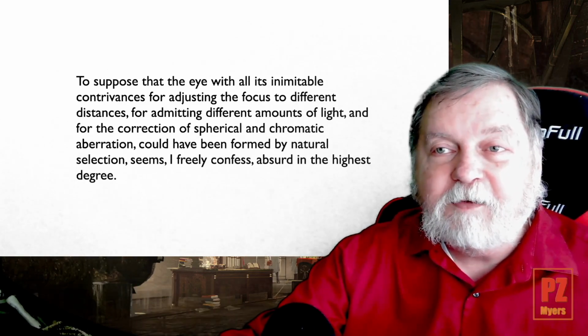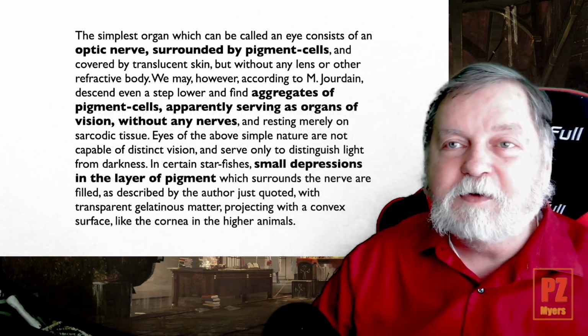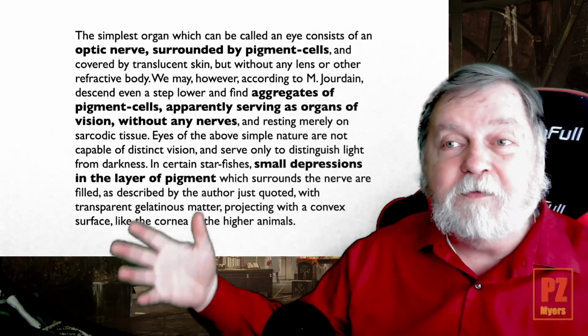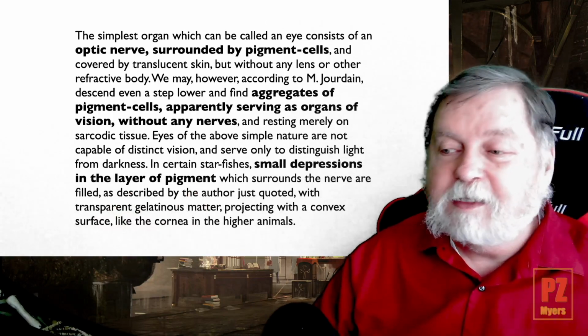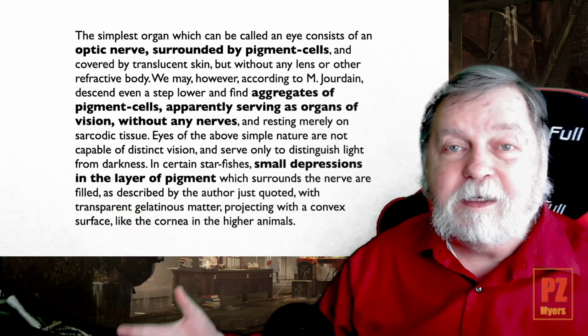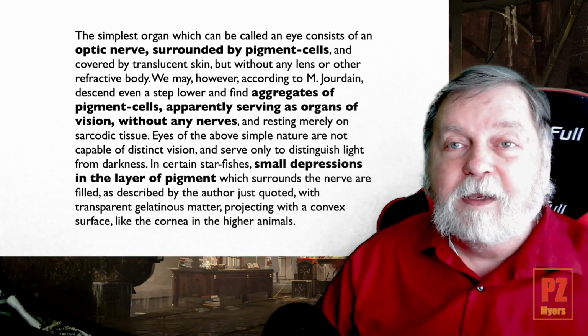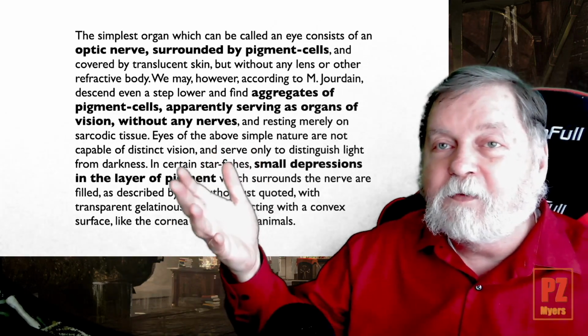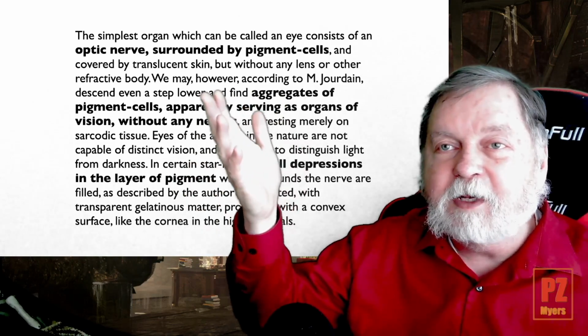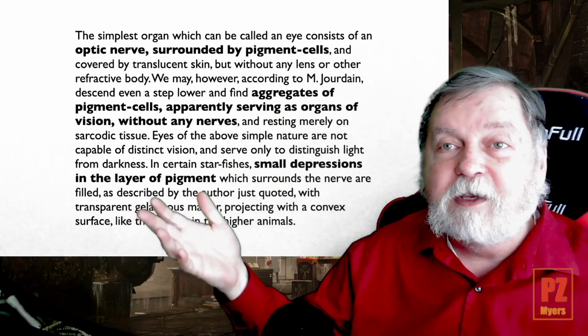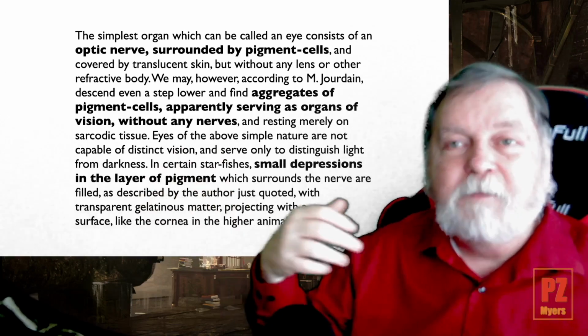But then if you actually read the Origin, you go on to the next page, and what you find is it goes on for several pages where he describes all these intermediates, these different stages in the formation of an eye. For instance, you've got an optic nerve, it's surrounded by pigment cells, it's covered by translucent skin.